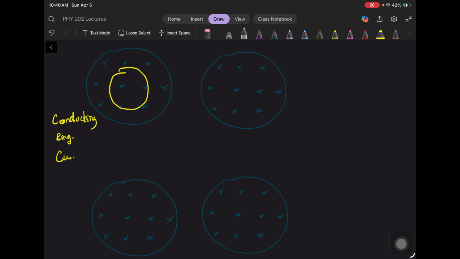Okay. And so, let's see. We're going to go ahead and call this distance R. This is little r.